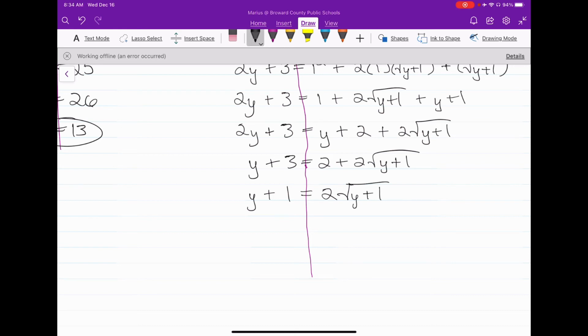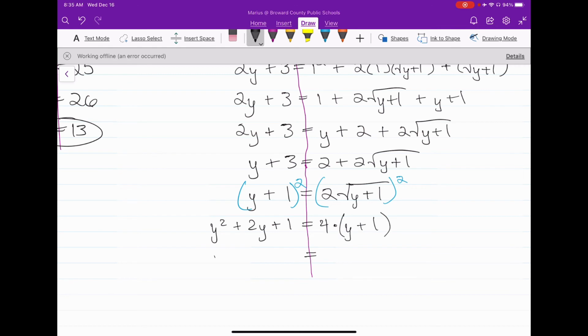By squaring both sides again, and this time I'm not going to rewrite it, this is going to become y squared plus 2y plus 1 equals 4 times y plus 1.